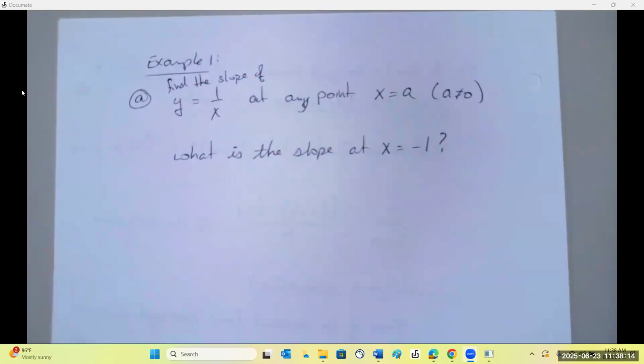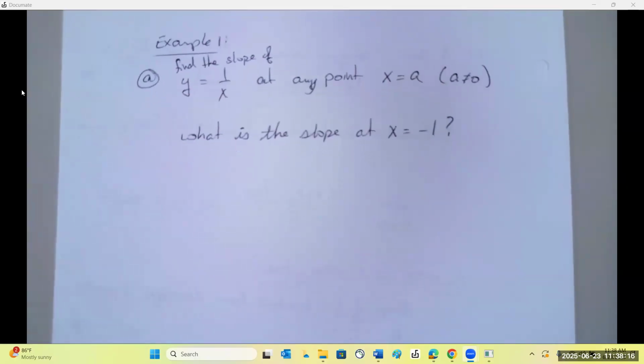So how do we find the slope? Do we know any formulas for it?